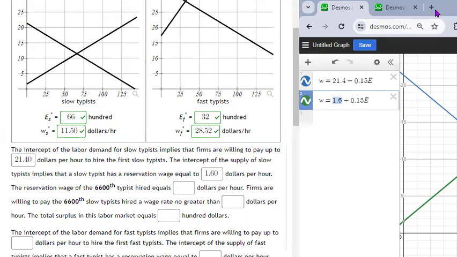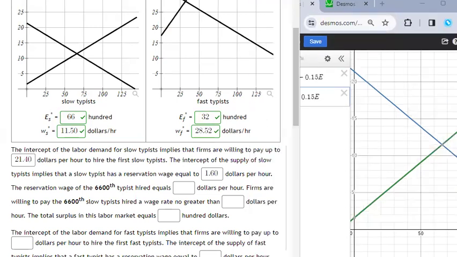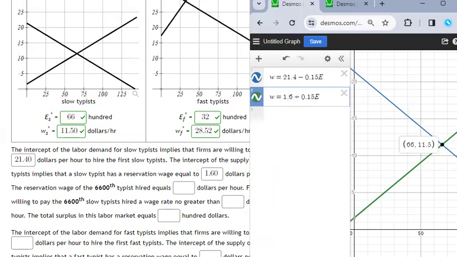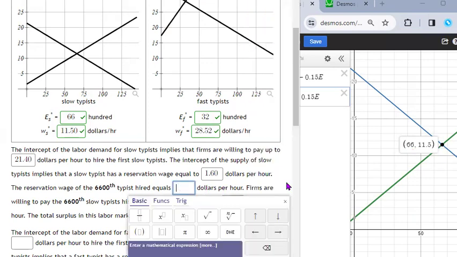The reservation wage of the 6,600th typist, the last one hired, the height of the labor supply curve at 6,600, is $11.50 per hour. This is the market wage. So the marginal worker and the marginal firm set the market wage.